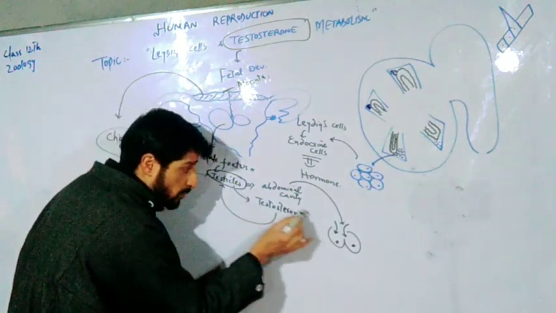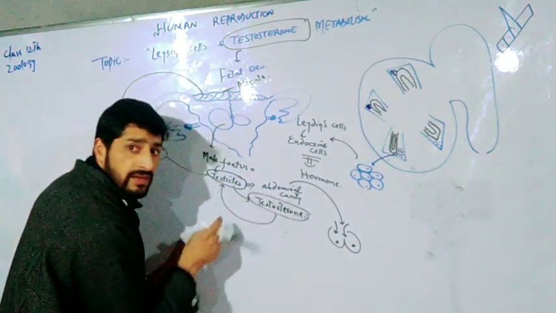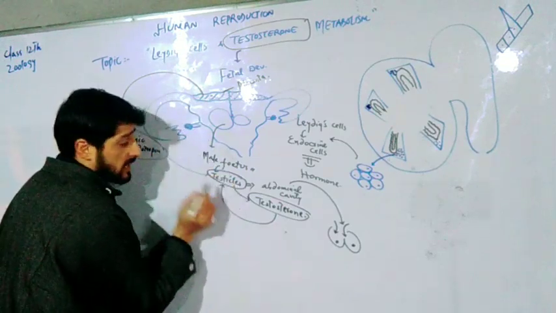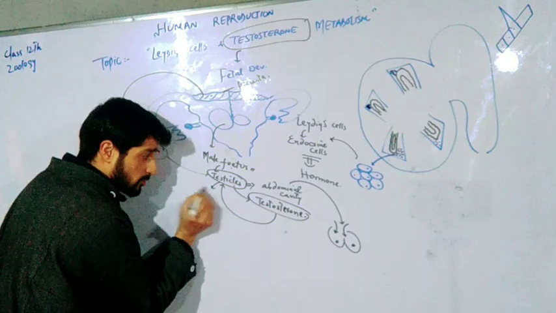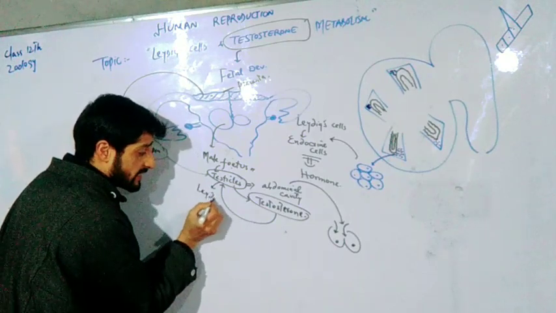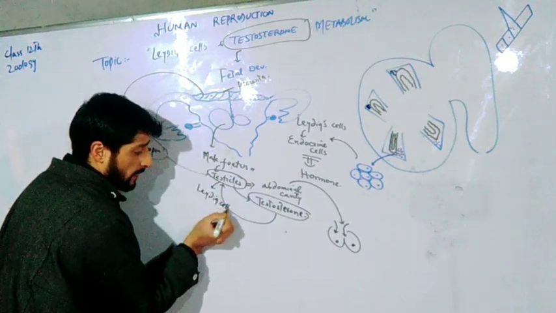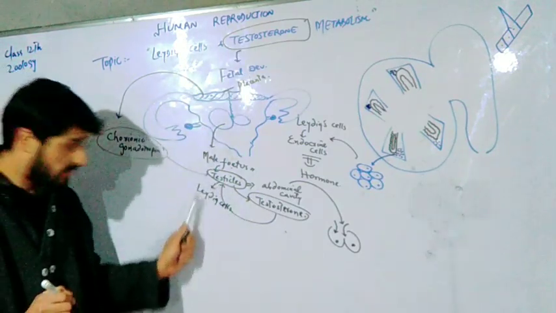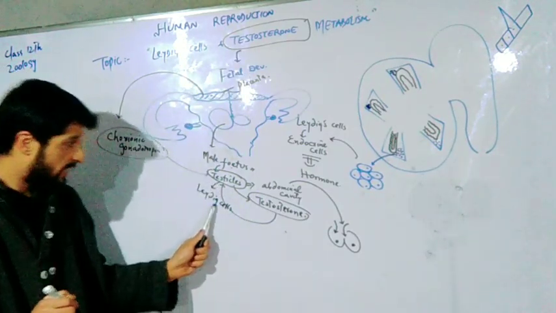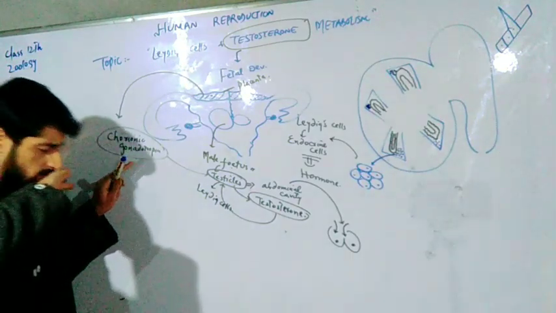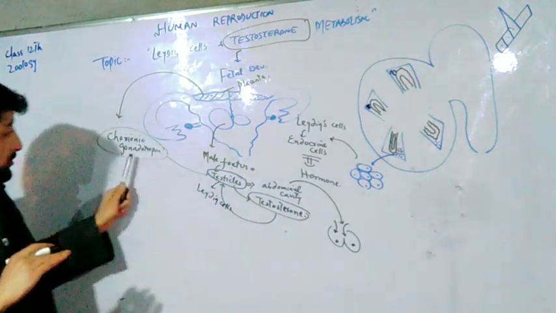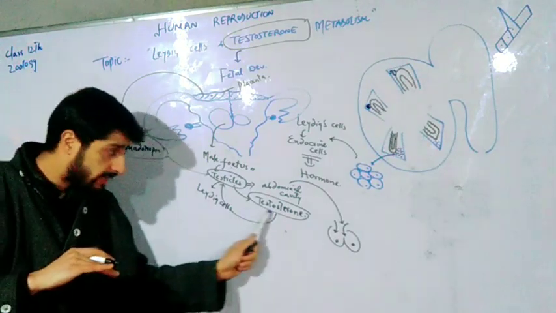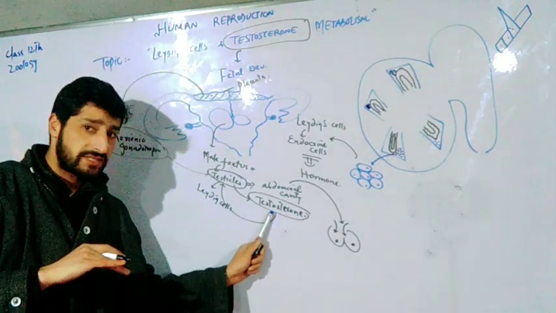Then testicles produce testosterone. Here we have to clear one concept, that fetal testicles also contain Leydig cells. Today's topic is Leydig cells and testosterone. Fetal testicles contain Leydig cells, and Leydig cells are stimulated by chorionic gonadotropin, and then they produce the special hormone testosterone.